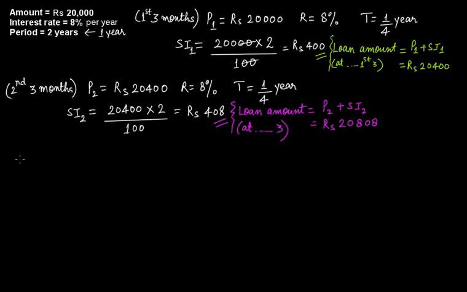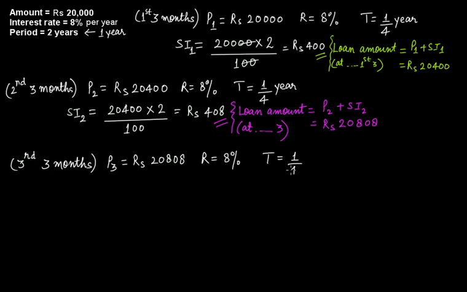Okay, now this 20,808, that is the loan amount at the end of the second period of 3 months, will become the principal amount for the third period of 3 months. So this becomes P3. Your rate is equal to 8%, and T will remain again 1 by 4 year.